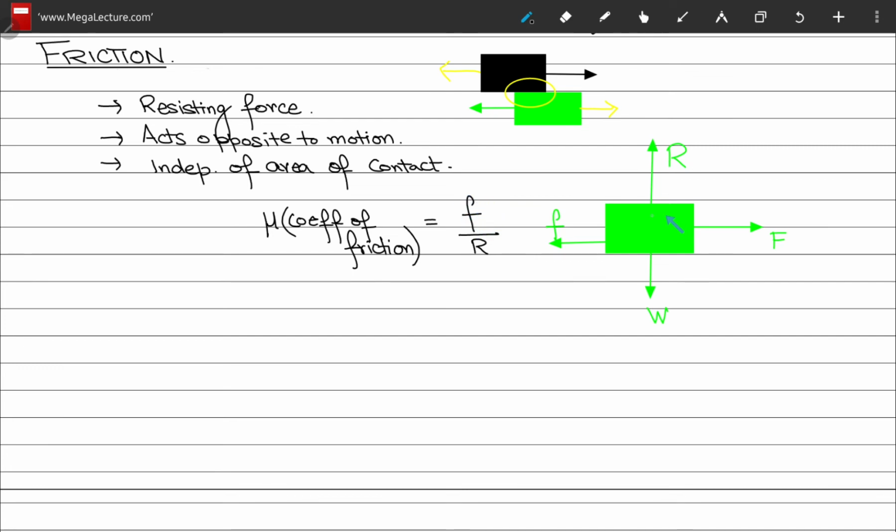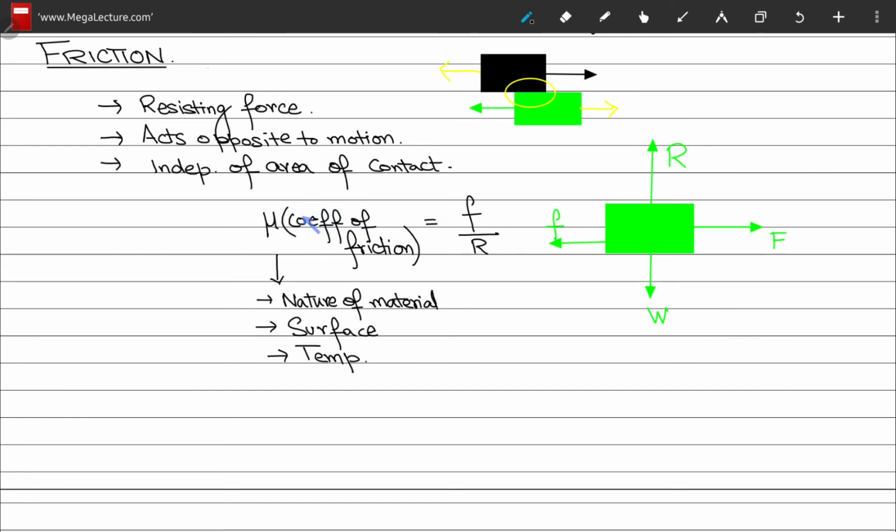If you look at this object, there is some force that is causing this green object to move to the right, which is going to produce some limiting friction in the left direction, as you can see over here. And because of this object's contact with the ground, there will be some normal or reaction force according to Newton's third law. This ratio between the friction force and the reaction force is termed the coefficient of friction.